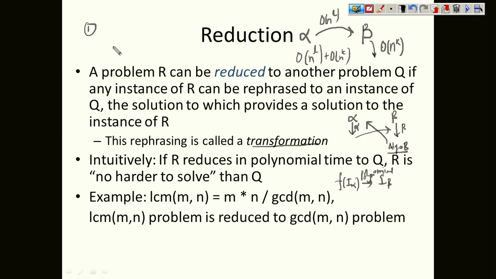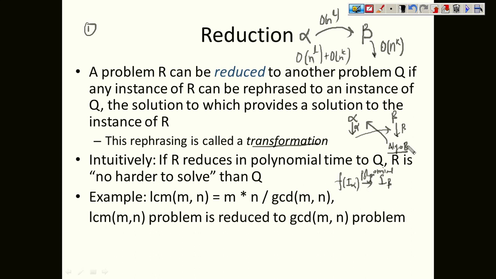So whenever we say reducibility, the very first requirement is that you are able to convert all the instances of alpha to beta in polynomial time. You must be able to design a function that can map the instances of alpha to beta.